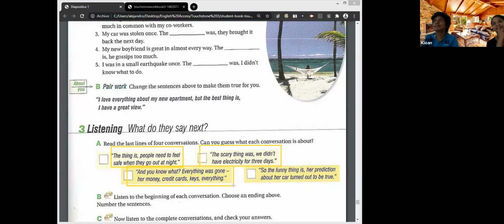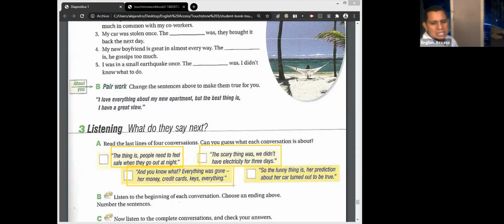Ceremony, credit card, case, everything." So the conversation is about what, Marco? Marco, what's the conversation about?